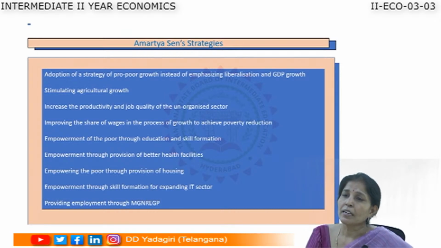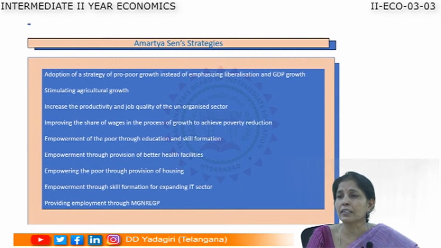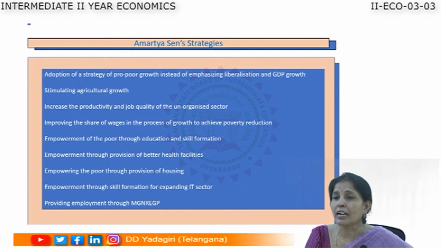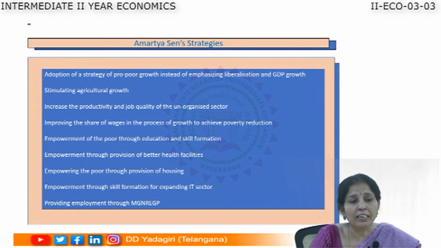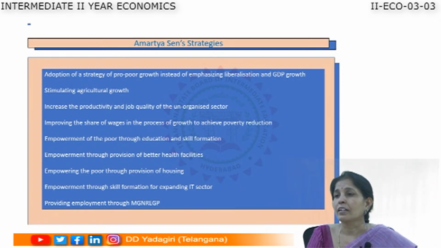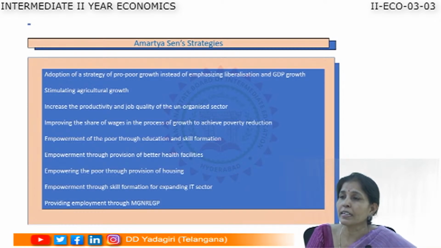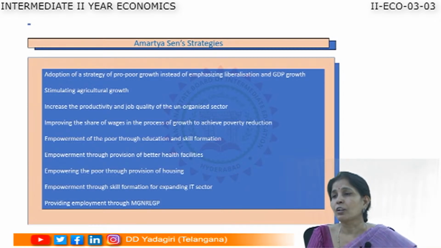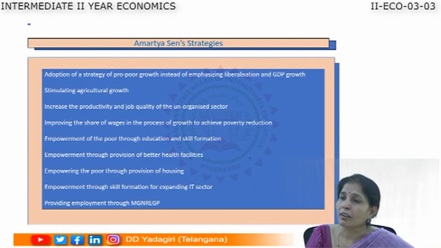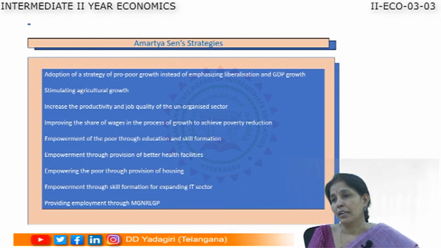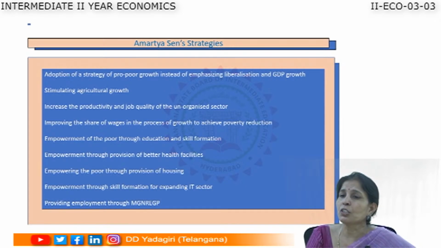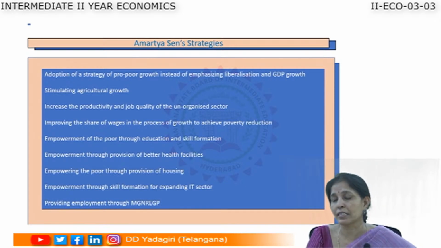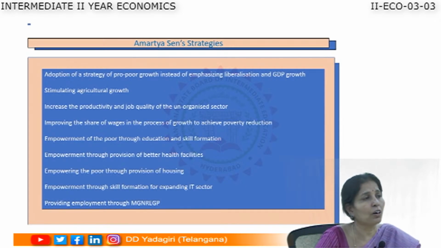The next one is improving the share of wages in the growth to achieve poverty reduction. Try to improve the wages of the people so that we are able to increase the standard of living, and that will help in reducing poverty levels. The next one is empowerment of the poor through education and skill formation. This is a need of the day.